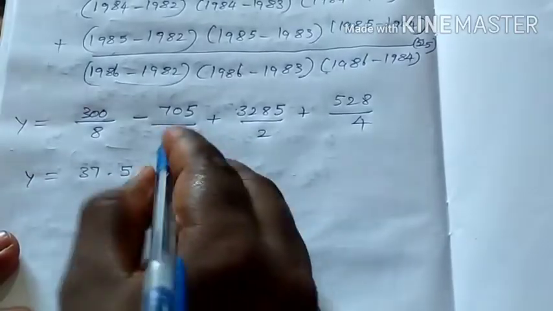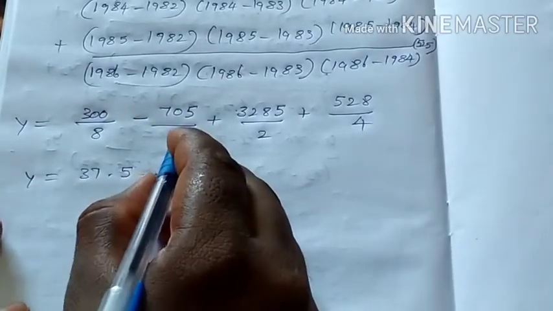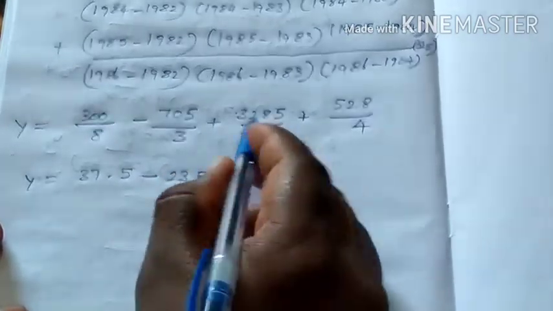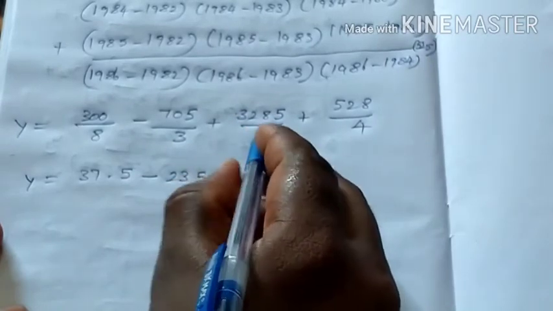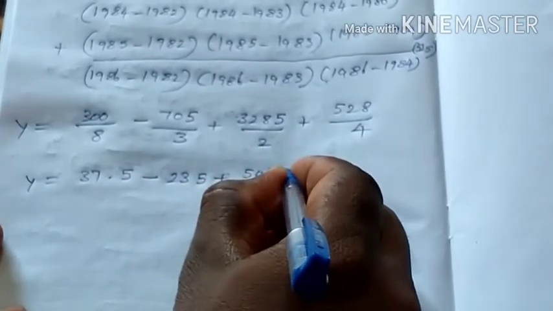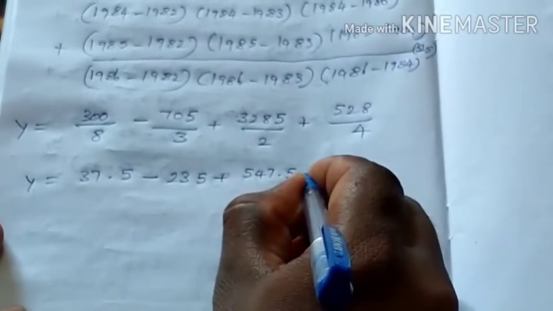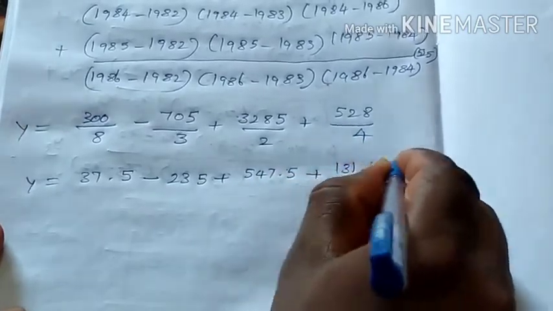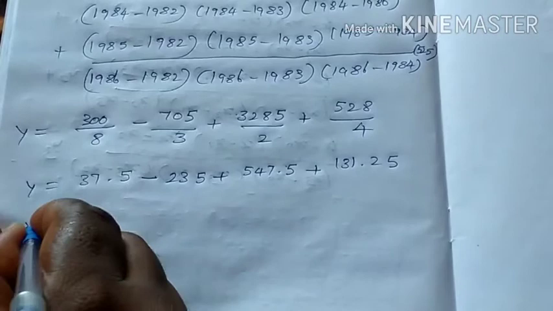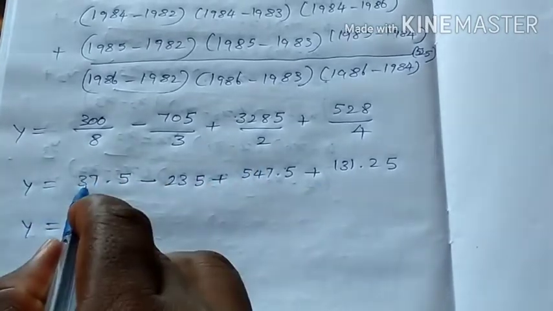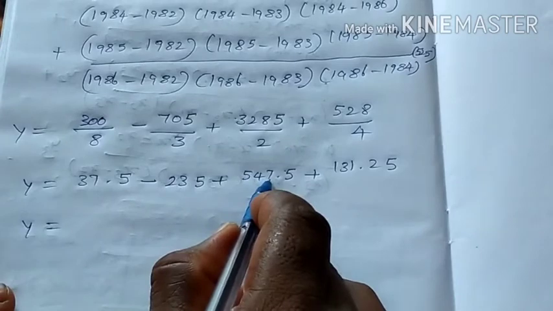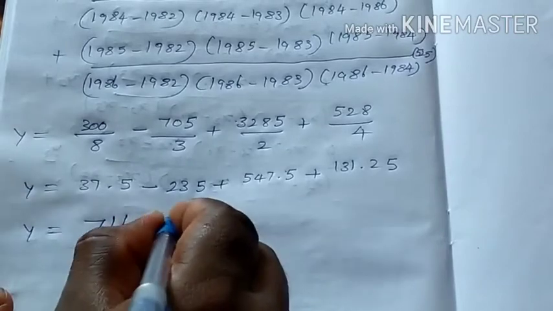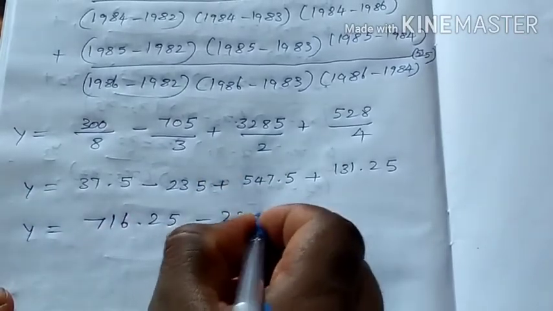Minus 705 divided by 3 is 235. Plus 3285 divided by 2 is 547.5. Plus 528 divided by 4 is 131.25. Considering the positive values, 37.5 plus 547.5 plus 131.25 gives 716.25, then minus 235.